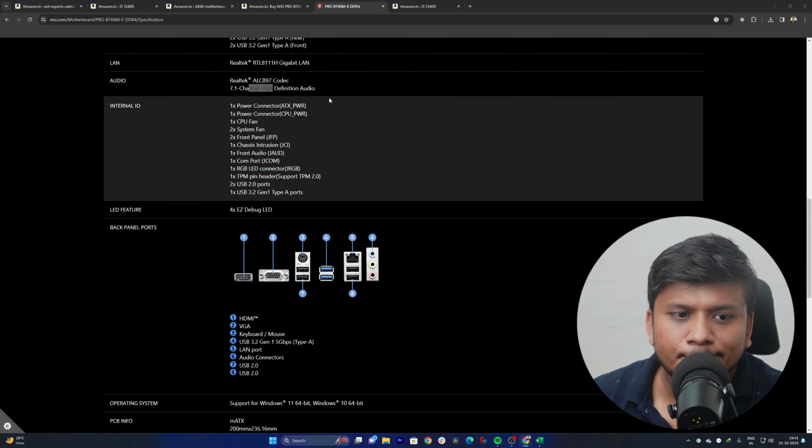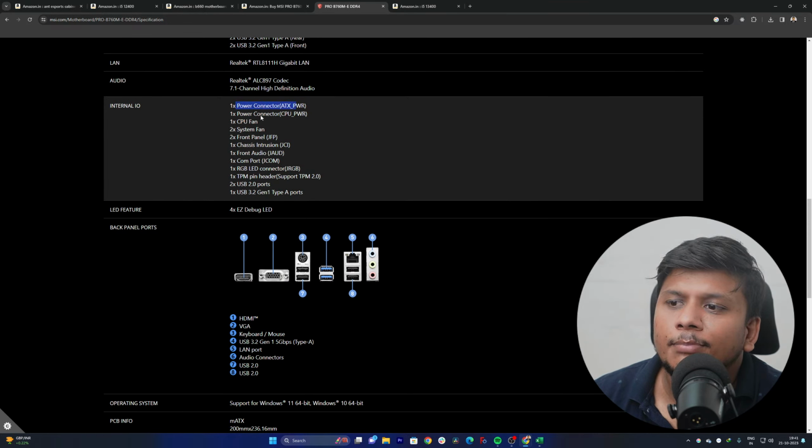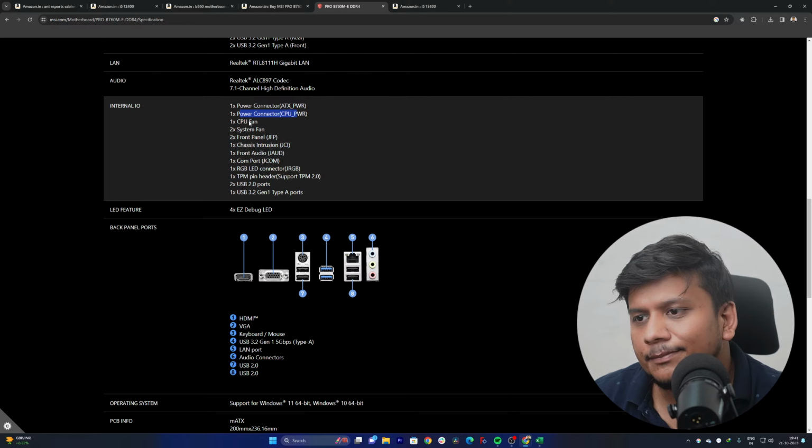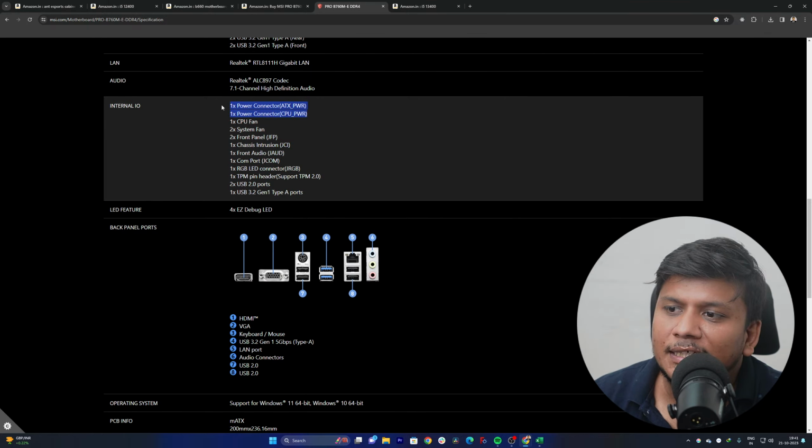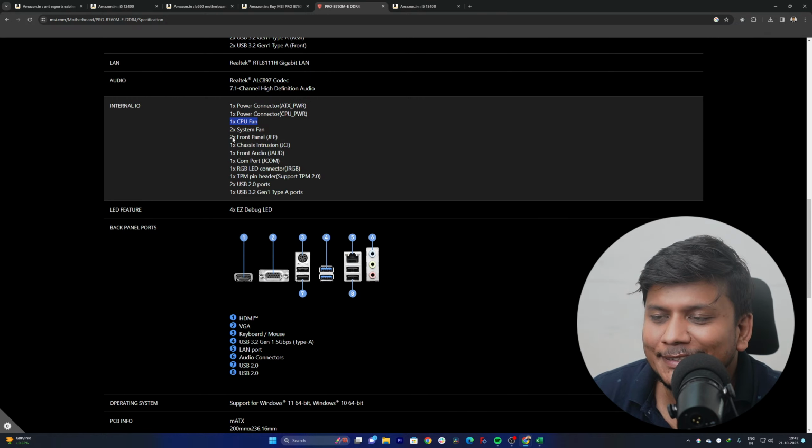Then here we can see further I/O, power connectors, then ATX power, which obviously we need both of these. Without this, we may not be able to boot the motherboard. So I don't think they should write these things.